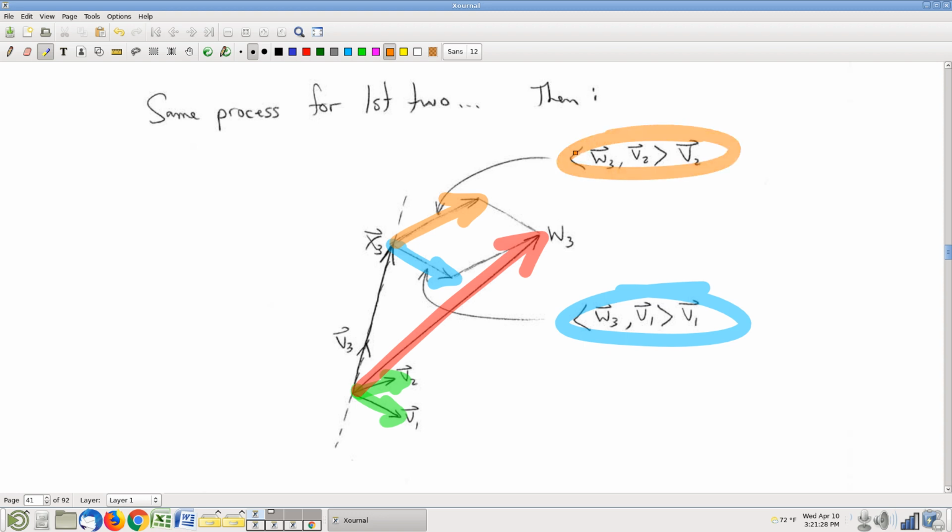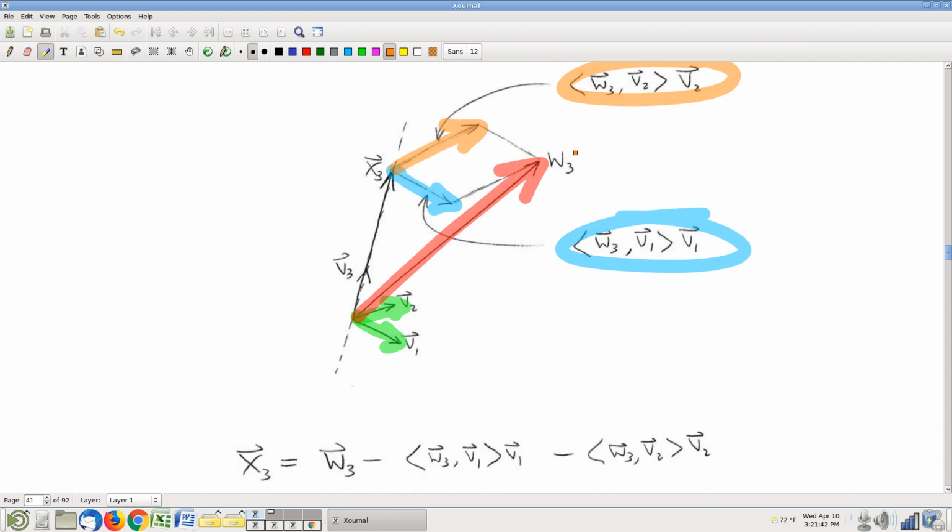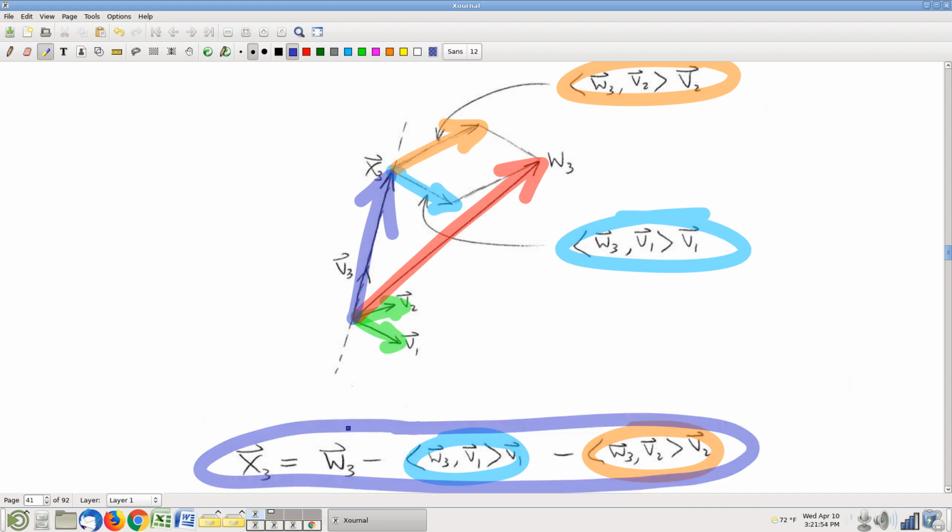So instead of throwing away the one part that I don't like, I throw away the two parts that I don't like as relates to the two previously fixed vectors. Throw those away, just like we talked about previously. So throw away that blue part, throw away this orange part, and then you're left with just something that is pointing in the correct direction. And then you can normalize at the end, of course.